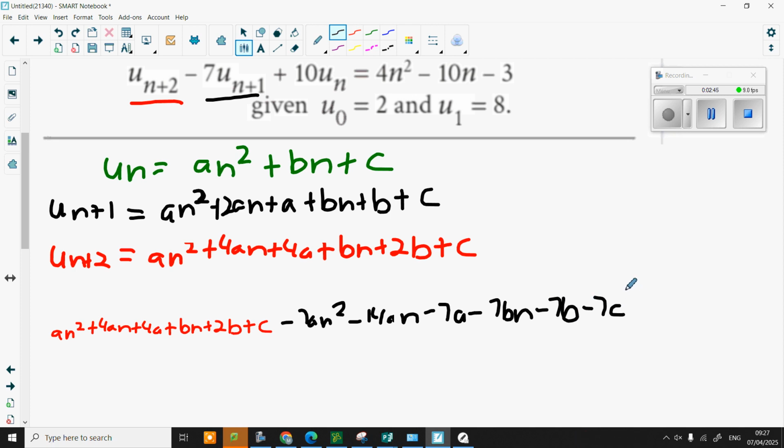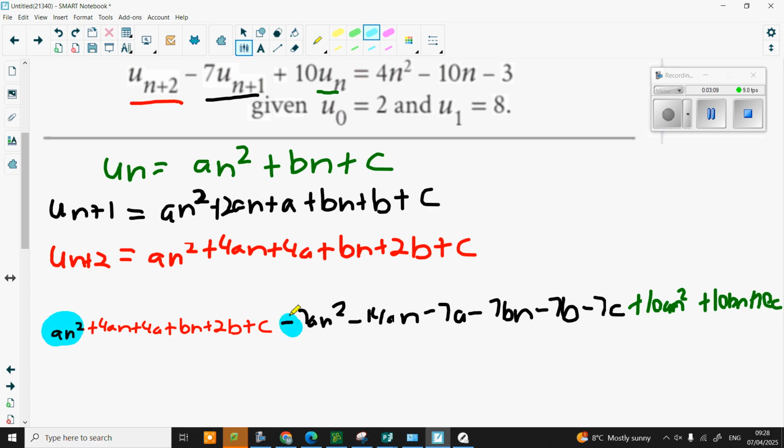It's complete overload almost, isn't it? And then 10 of the green ones, 10 an squared plus 10bn plus 10c. Now, I suppose what I'm going to do first is I'm going to go after the an squareds.